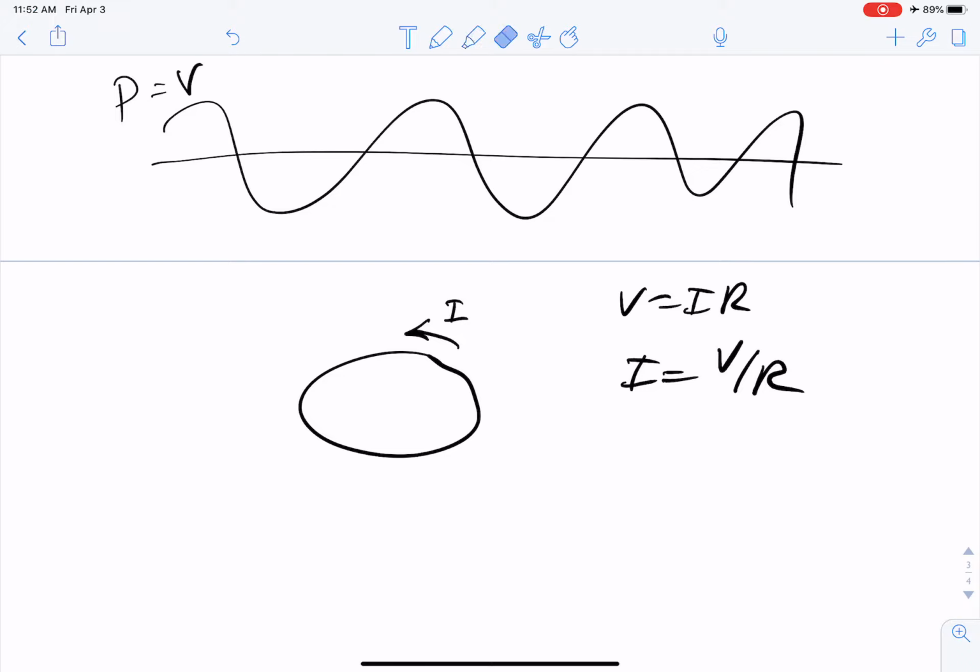Of course, since this voltage is sometimes negative, sometimes the current will go the other way. Sometimes it'll be strong, sometimes it'll be weak.